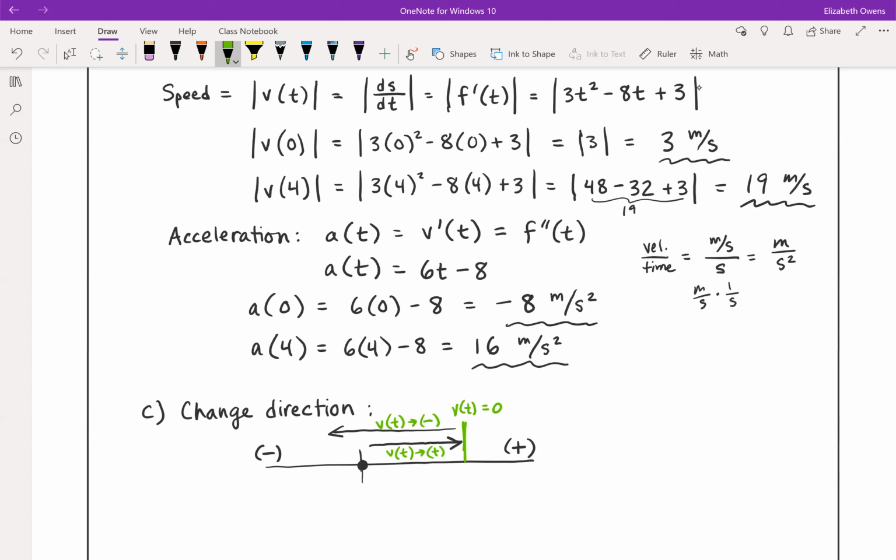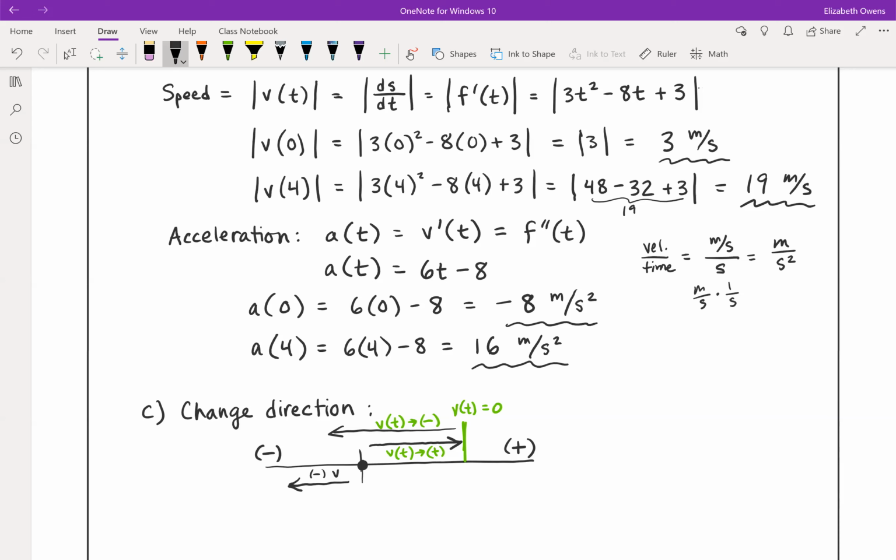So we want to look for a place where velocity switches from positive to negative or from negative to positive. If your object had started out moving this direction, that would be a negative velocity.